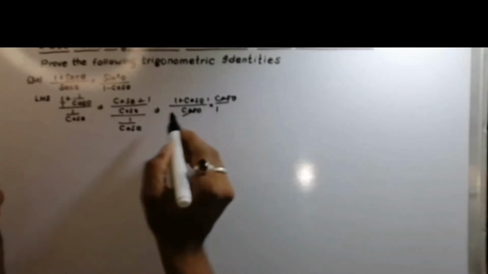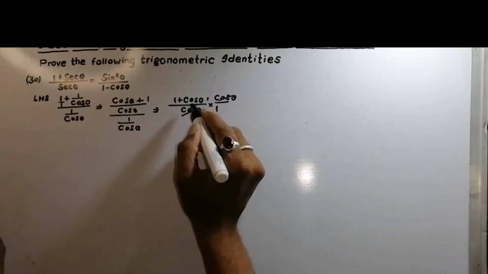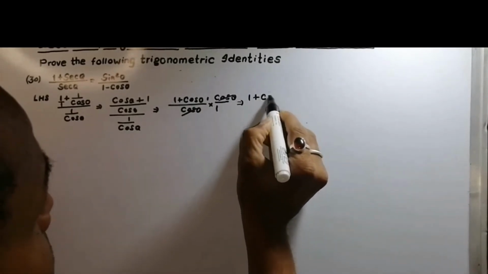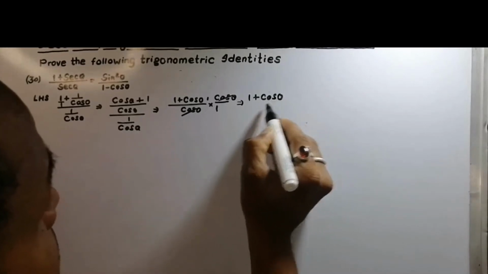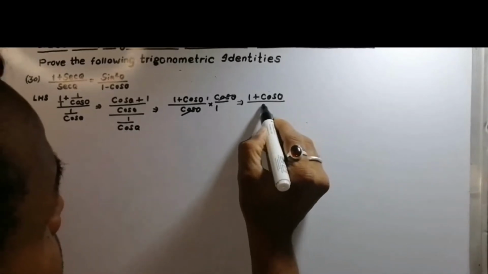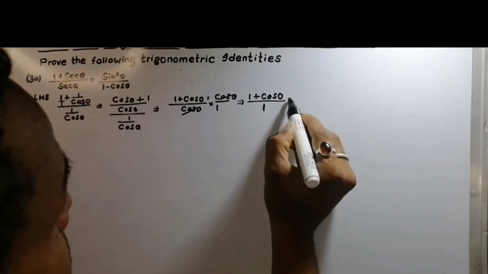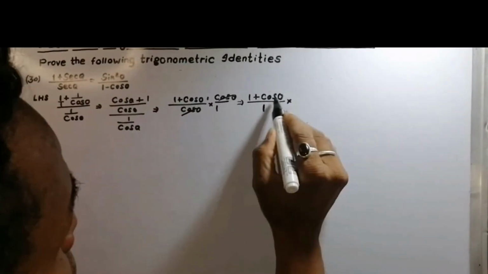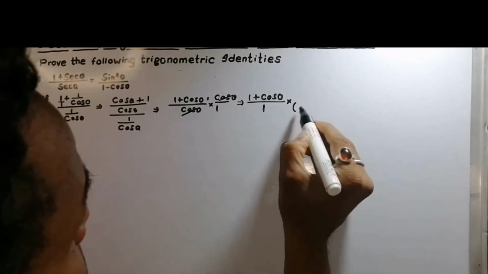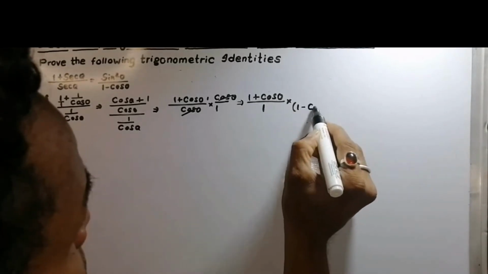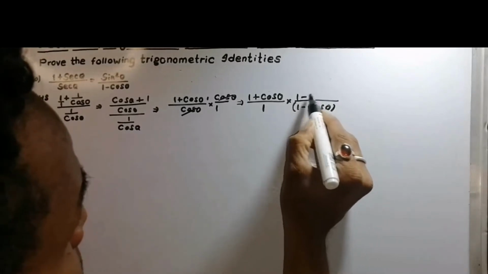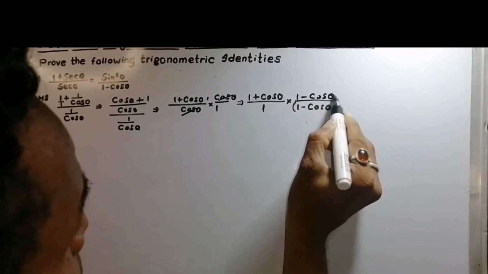So this is divided by this, so we get 1 plus cos theta, and if we rationalize it, we multiply with the opposite of the numerator, 1 minus cos theta, with the denominator and the numerator.